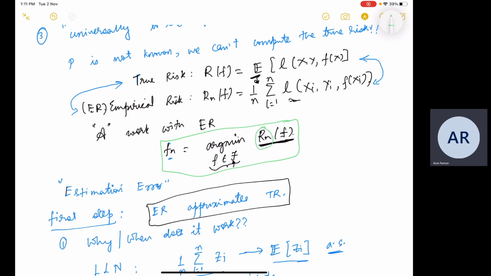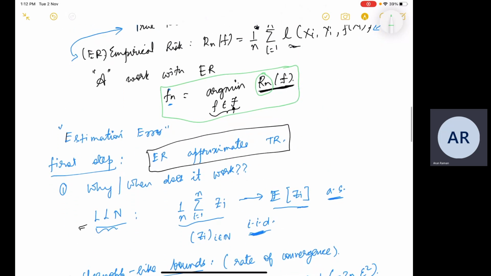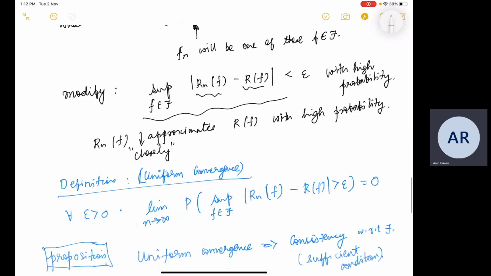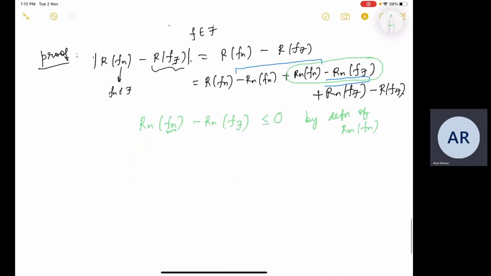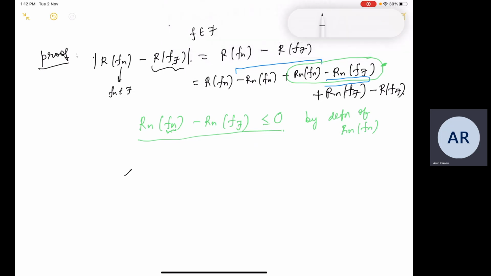So here we are evaluating the empirical error. When we consider the empirical error, fn is the best function in this class of functions. This is only true for the n samples that we have considered. Now since this is less than 0, we can drop this quantity to get an inequality.